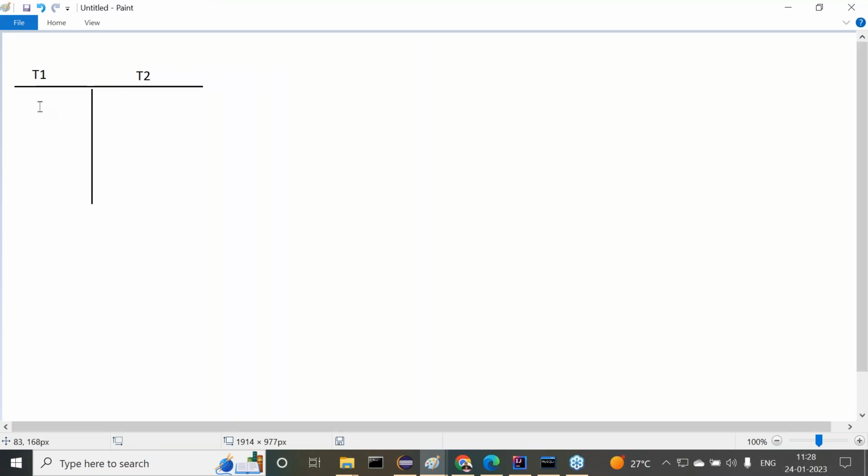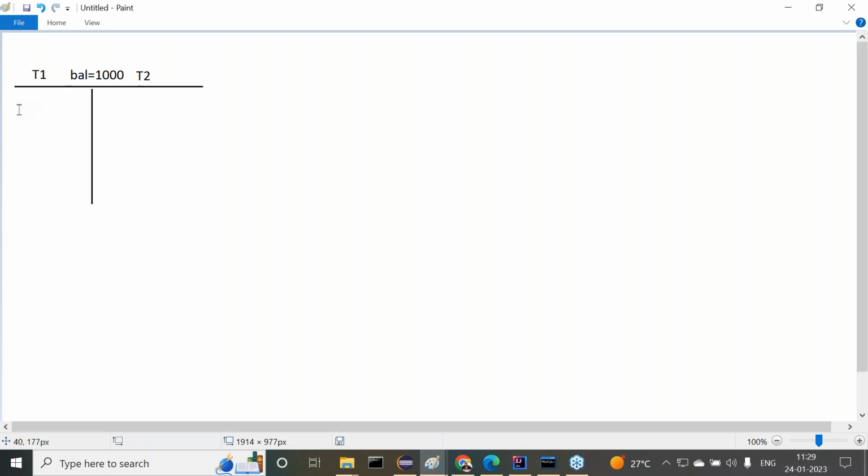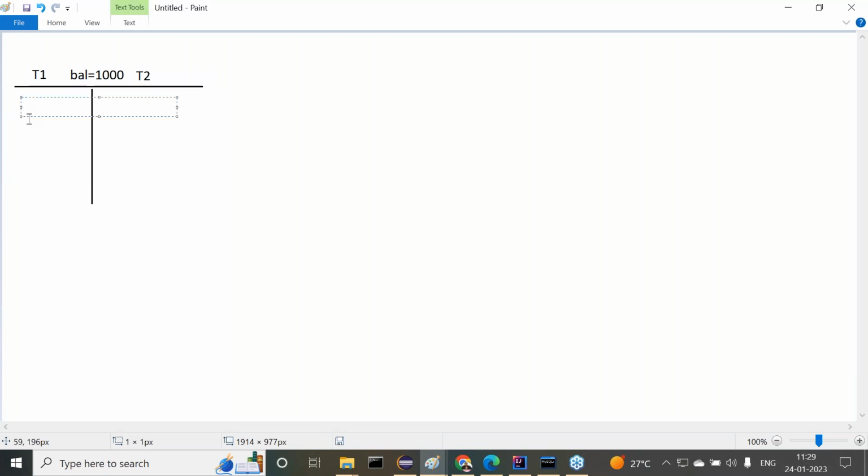Now here we have a variable bal equal to some thousand, some value. T1 transaction is performing a read operation, read of bal.